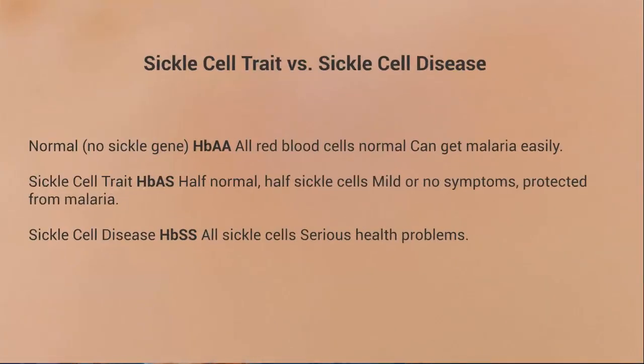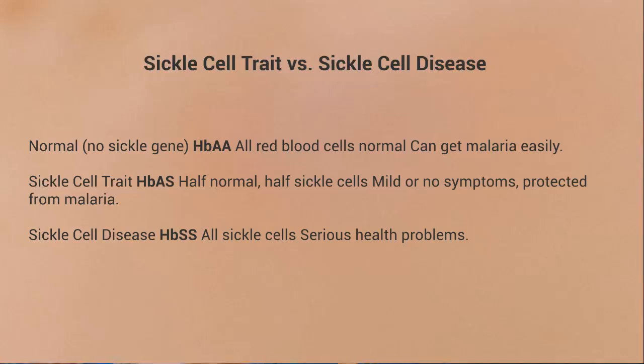So let's talk a little bit about these differences. Sickle cell trait versus sickle cell disease. And remember, we already talked about how genetics are not acting alone. Normal, no sickle cell genes are going to be described as HBAA. We'll talk more about what that means later in the year.